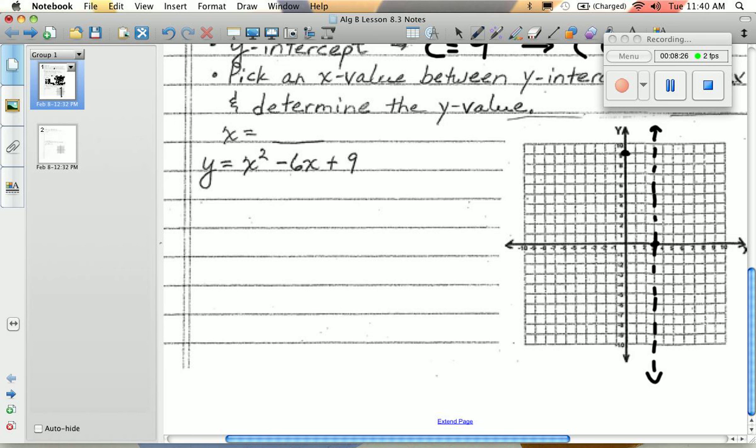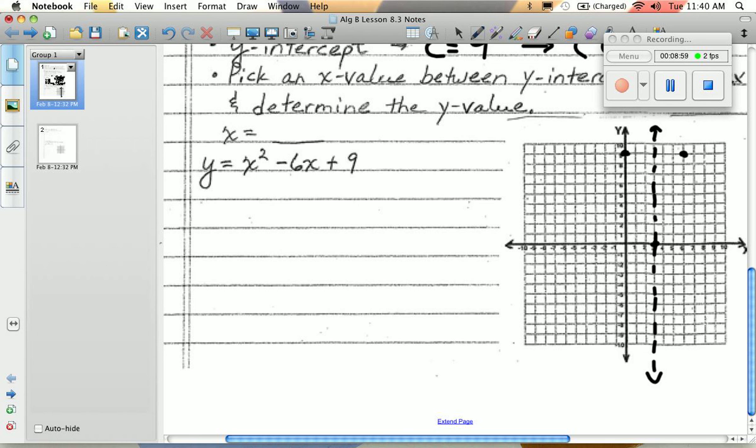So we know that every point, and you should have recognized that in your tables for today, every point except the vertex has another point that has the same y value. There's a point symmetric to it. So we can get a third point really easily here. Our y-intercept is 3 units away from the axis of symmetry, so we go 3 units on the other side and plot a point.